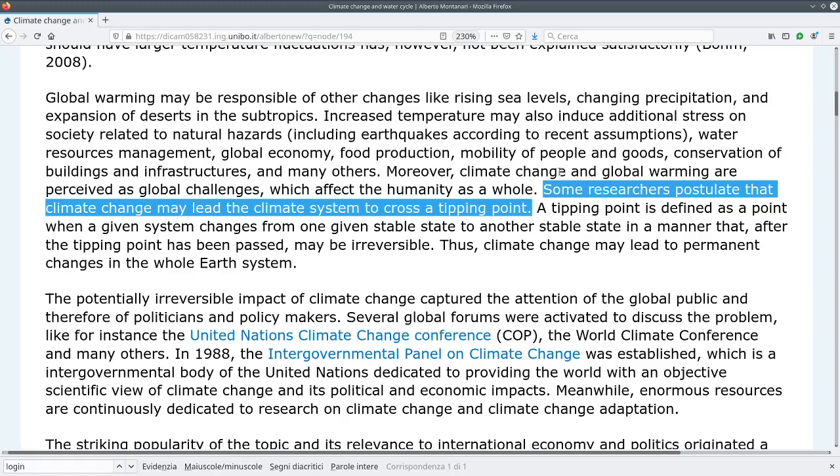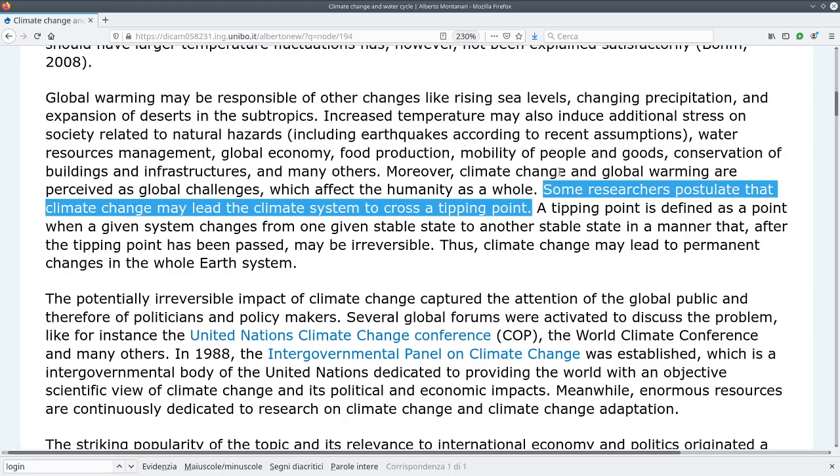So once that you get some ice that is melt, and therefore the thickness is reduced, you cannot reconstruct it under warming. And therefore this may lead to a sudden increase of sea level. And this is why people are concerned by sea level increase, even if so far the sea level increase, as we will see, has not been so much relevant under warming.